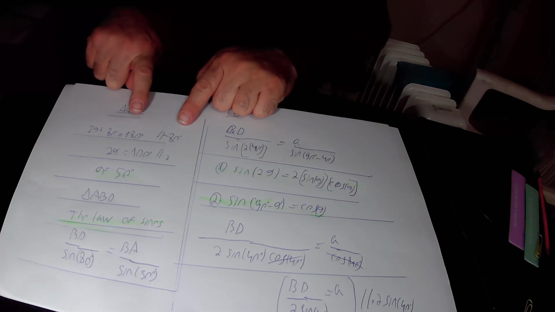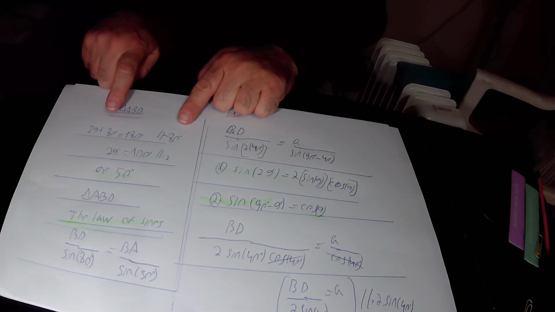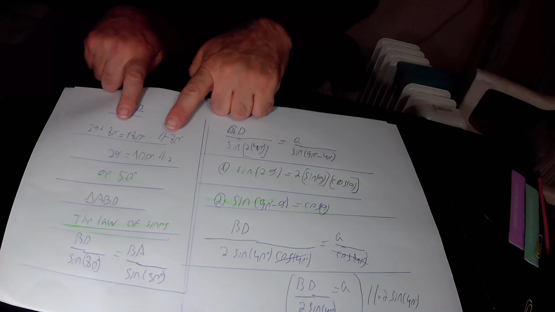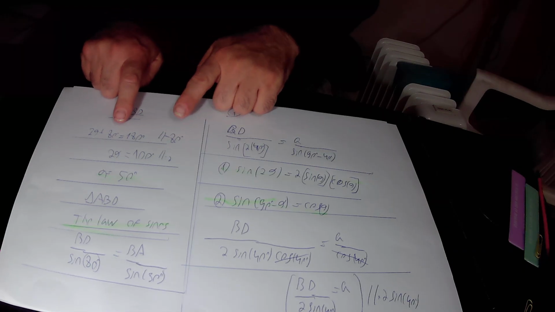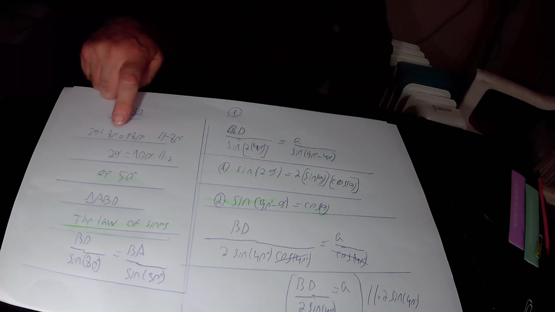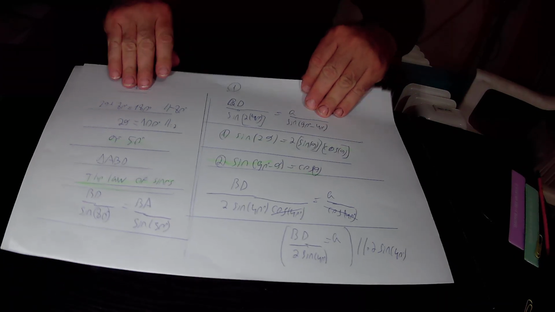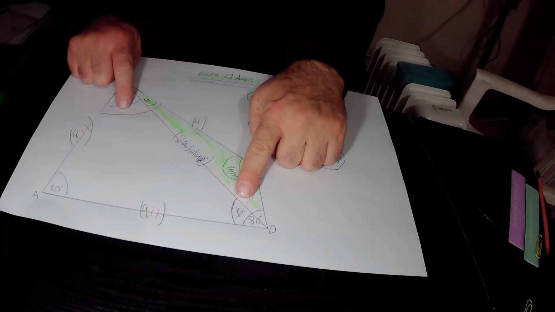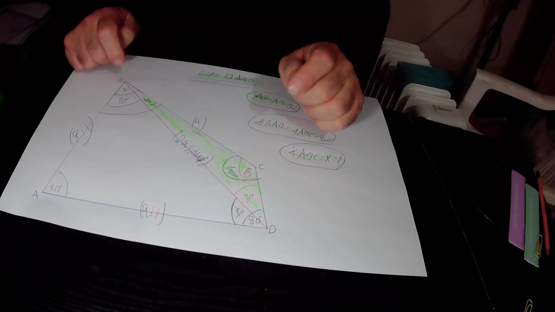Subtracting 80 degrees, we find that 2 alpha equals 180 minus 80, which is 100 degrees. Dividing by 2, the missing angle alpha equals 100 over 2, that is 50 degrees. Those two angles are both equal to alpha, therefore each of them is equal to 50 degrees.